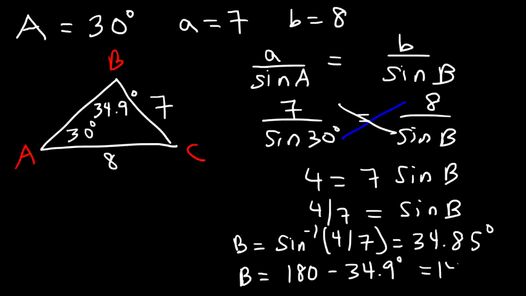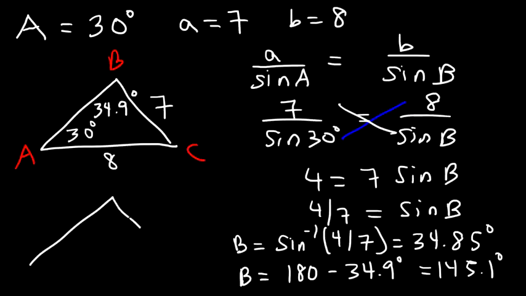So that's 145.1. Now, if we add this new angle with the pre-existing angle, notice that it's less than 180. 30 plus 145.1 is 175.1. So therefore, we can get two possible solutions.